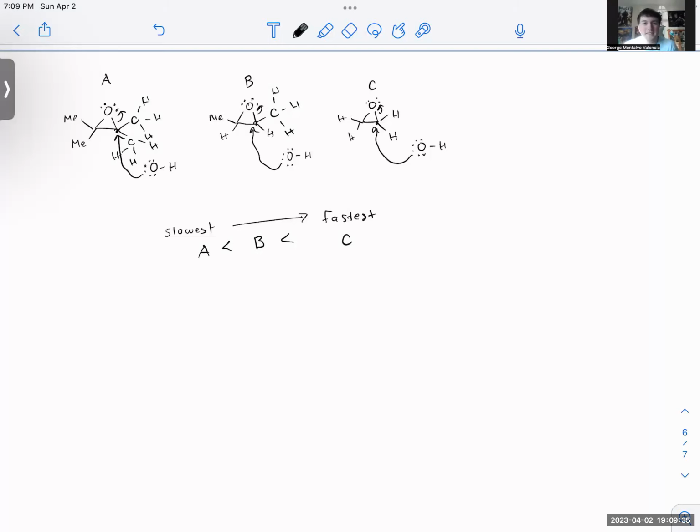It'll be assumed that you know what that means, so you don't have to worry about explaining it. I just explained it for the sake of explaining it. On the test, you could just say it's sterically hindered, so it's going to go slower. As long as you're concise, that's all that matters.